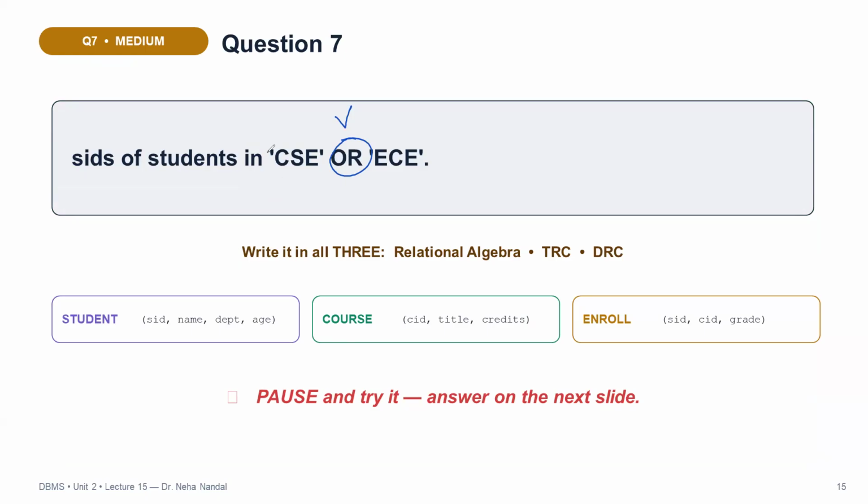Here the or is extra added. In the condition of algebra, you have to write down department. We are targeting department, and the department is either CSC or department is ECE. That will change from the student table, and then you have to display SIDs.